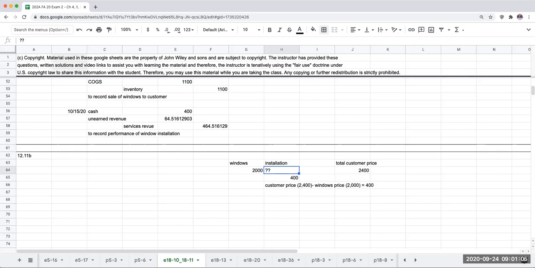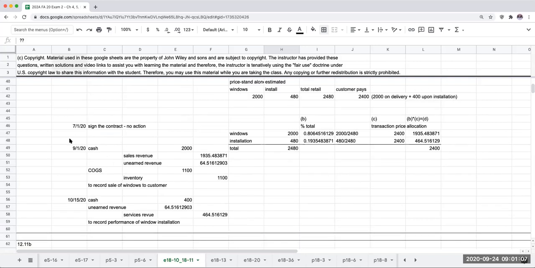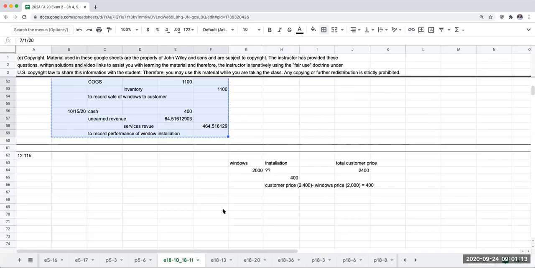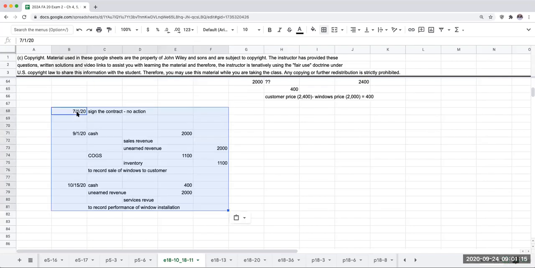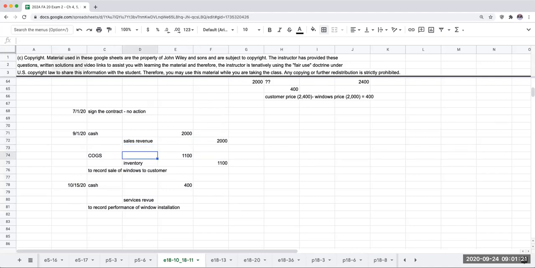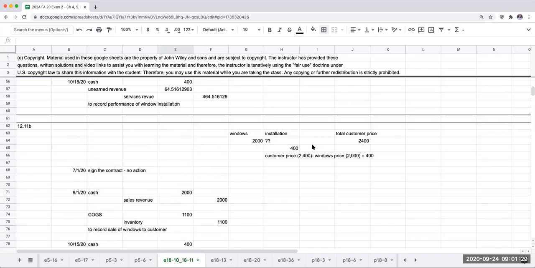So in this case, if I took the same approach and strategy for this, I would be going through over here and saying, okay, cash is 2,000, but my sales revenue is now going to be 2,000 as well. Because here I could not recognize that because I can't figure out what this is.